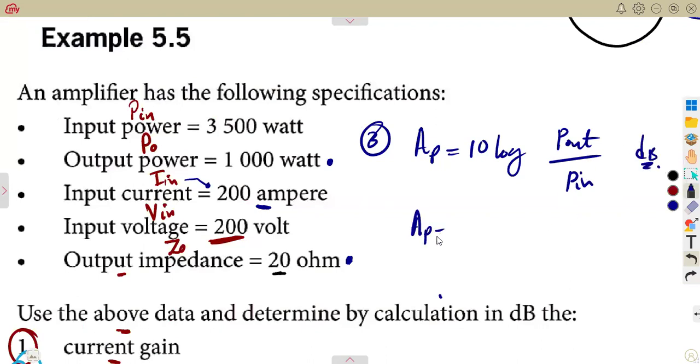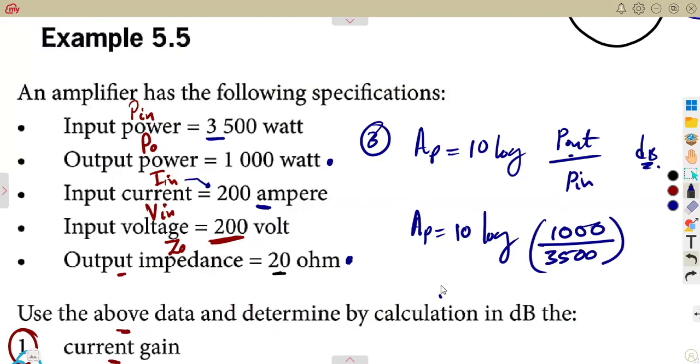So our power gain is 10 log of the output power, which is given as 1,000 watts, over the input, which is 3,500. That gives us a power gain of negative 5.441 in decibels.